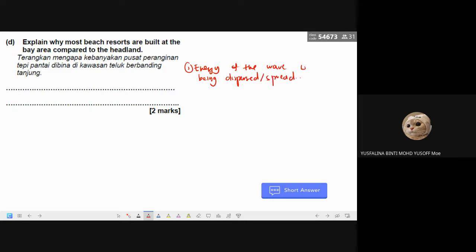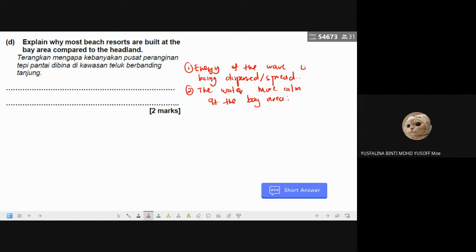So the water is more calm at the Bay Area. So 2 points. Okay, so that's the answer, right?